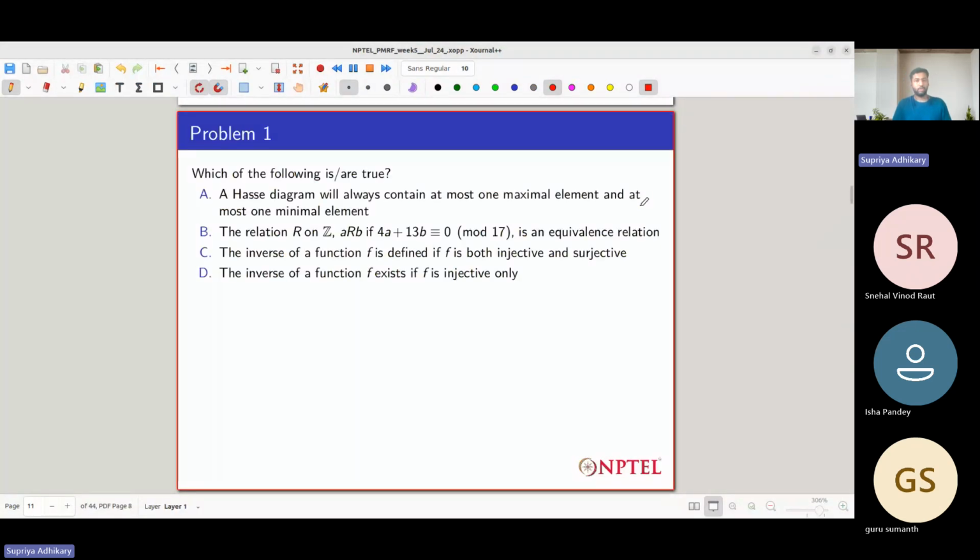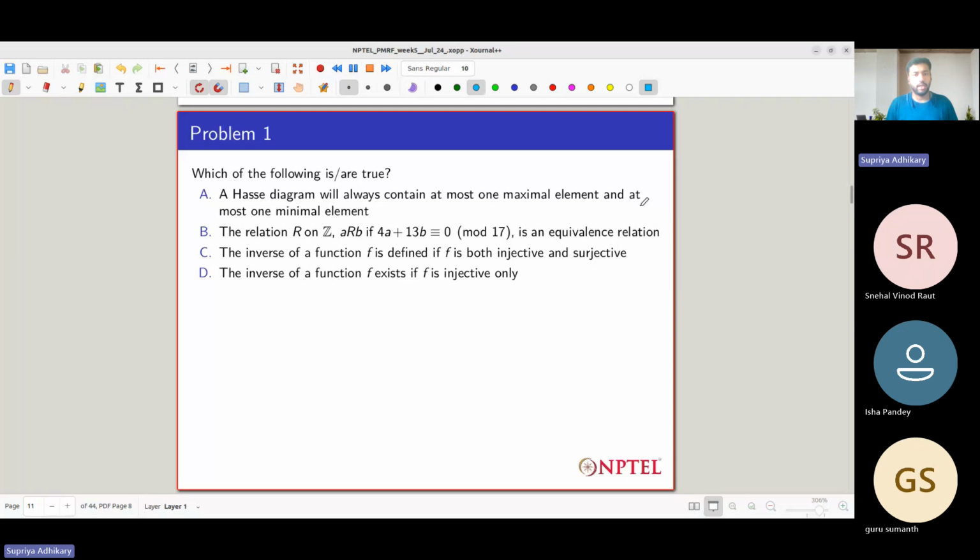Okay, so now let's move to the assignment problems that we have for week 4. In these problems, we have 4 statements, and we have to see whether the statements are true or not.